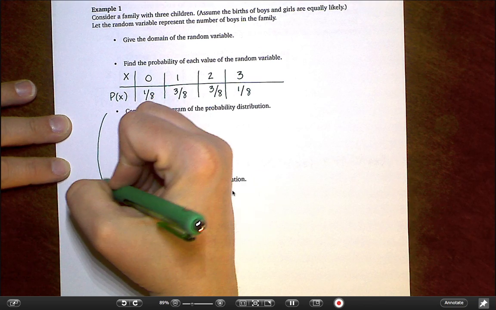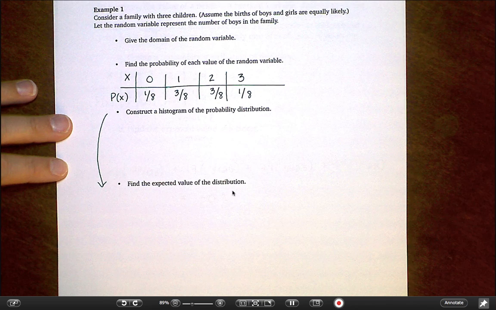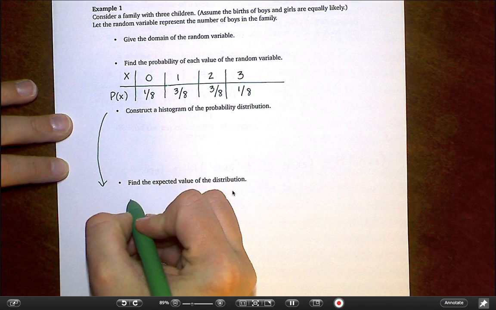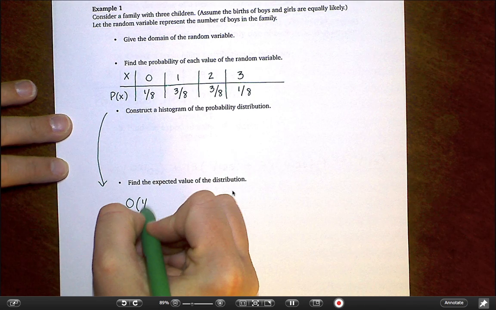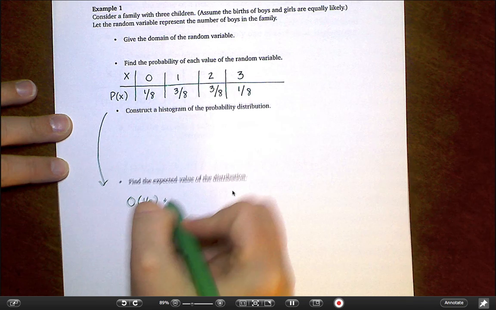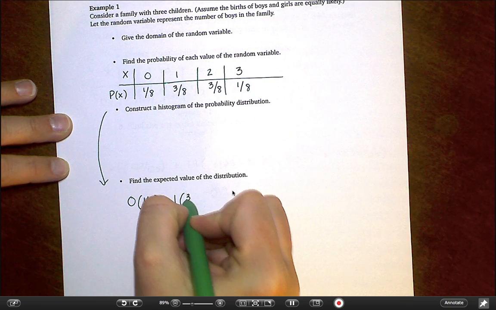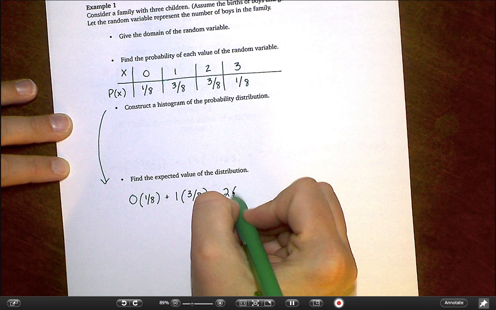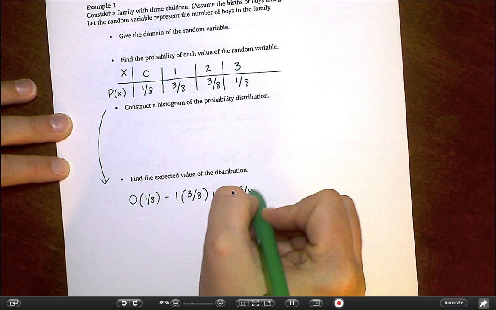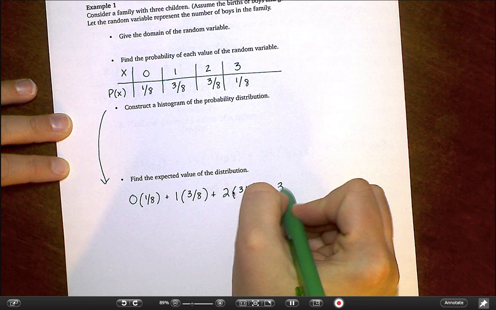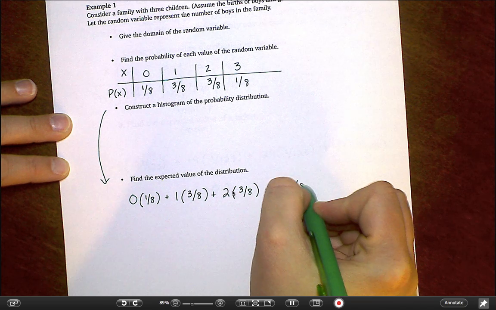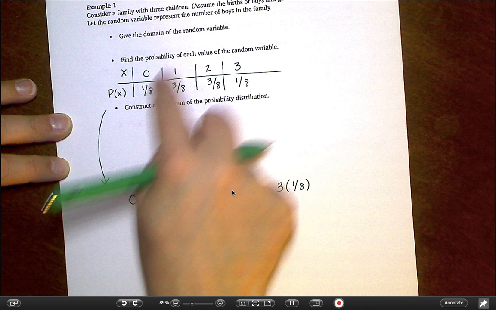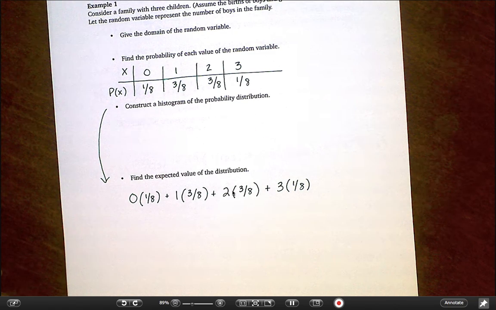So now I'm going down to this expected value thing. I would do 0 times 1/8 plus 1 times 3/8 plus 2 times 3/8 plus 3 times 1/8. Okay, so I took each one of these values, multiplied by the probability, added them together.